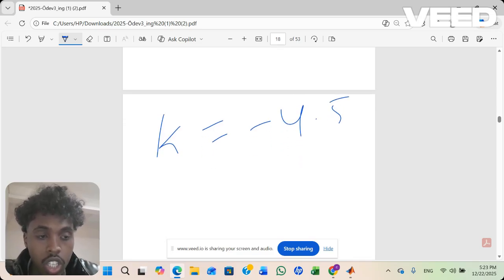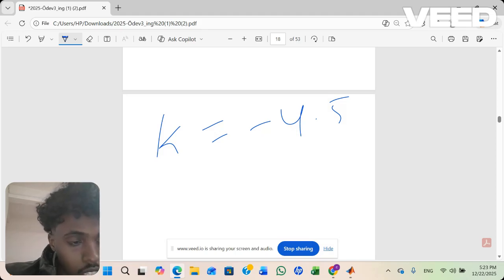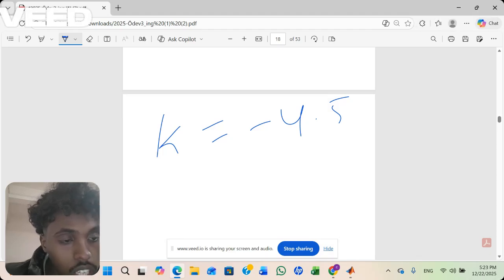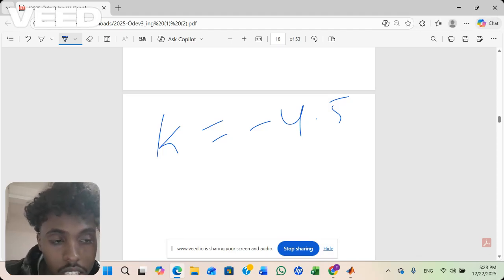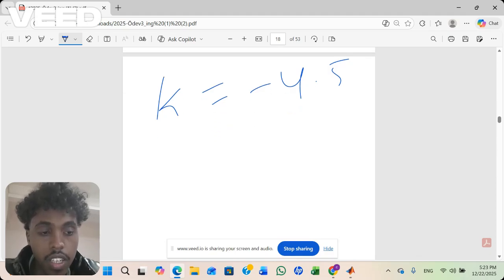So it is like the positive feedback gain. So with positive feedback only, the stable ranges are like this.